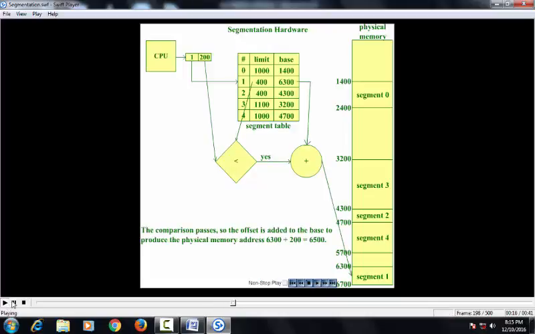Yes, the condition is true. Now we have to add 6300, the base address coming from the segment table. Now 6300, that is the base address, will be added with the byte offset. So 6300 plus 200, that is 6500.